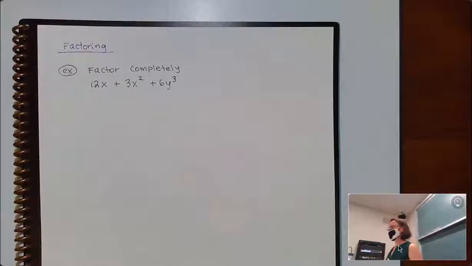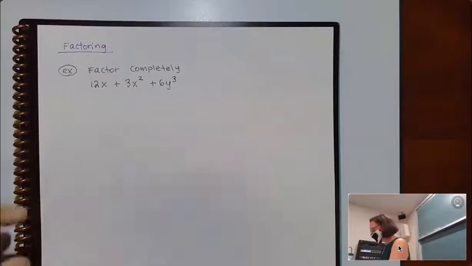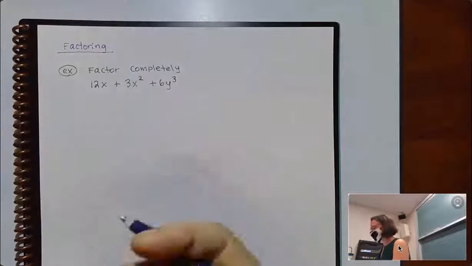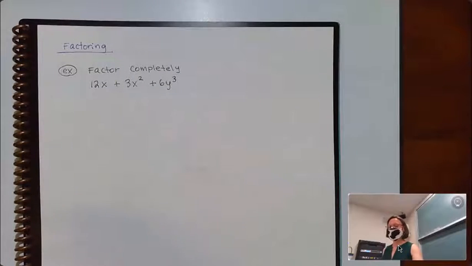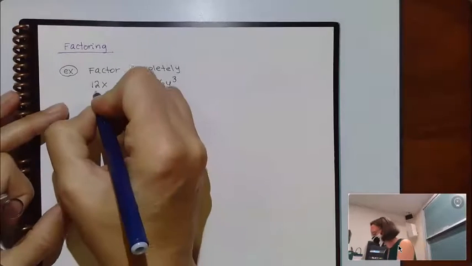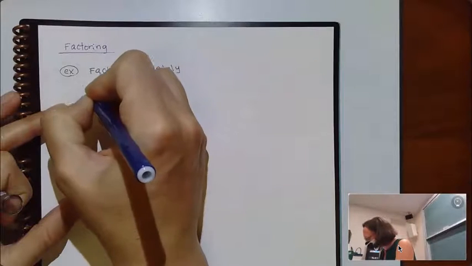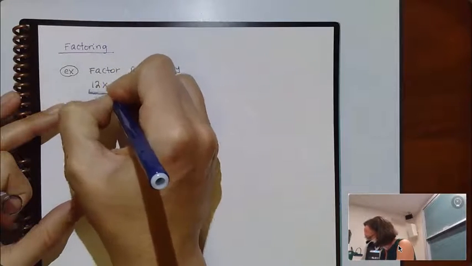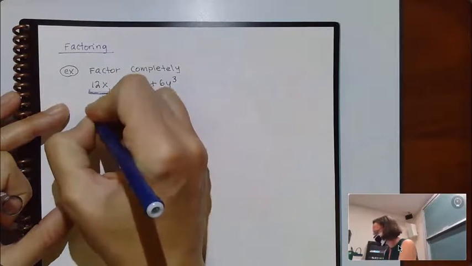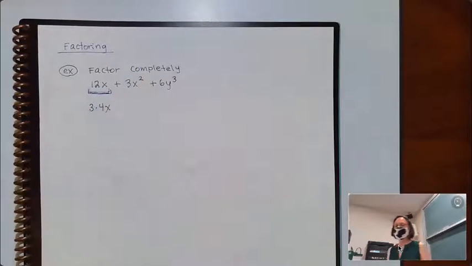I wouldn't actually write this out if I were just factoring the problem, but I just want to illustrate what I mean by having something in common. So if I look at that 12x, I can think about that as 3 times 4x.